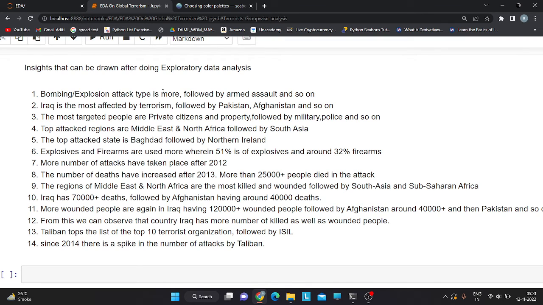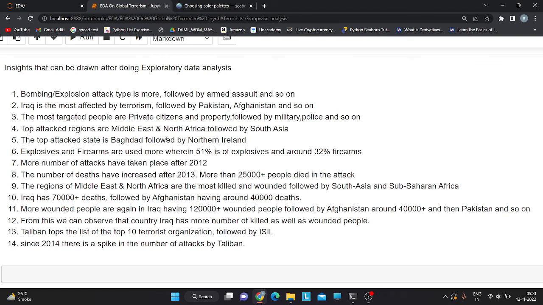Iraq is the most affected country by terrorism, followed by Pakistan, Afghanistan, and so on. Most targeted people are private citizens and property, followed by military, police, and so on. The attacked regions are Middle East and North Africa, followed by South Asia. Top attacked state is Baghdad. Then explosives and firearms. Explosives actually contribute more than half, followed by firearms.